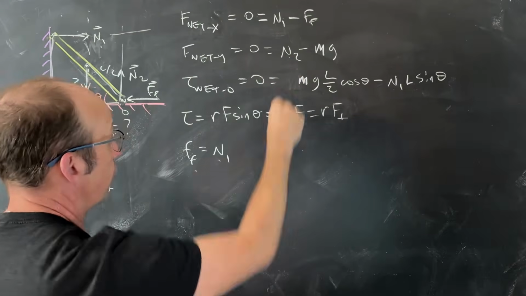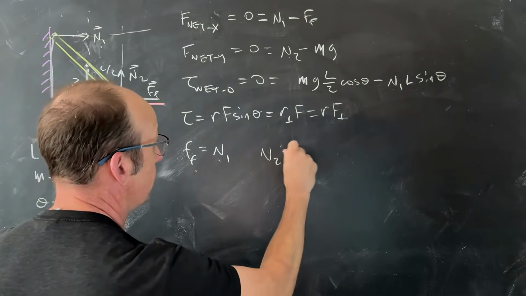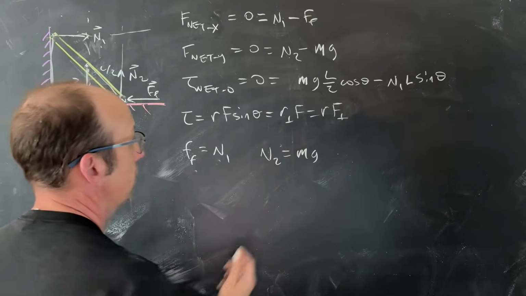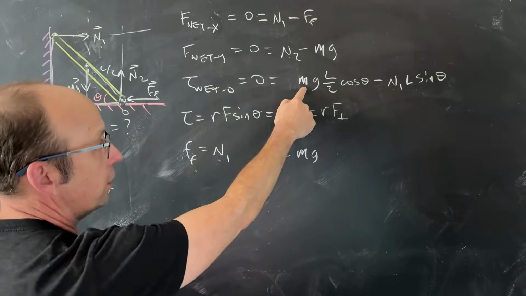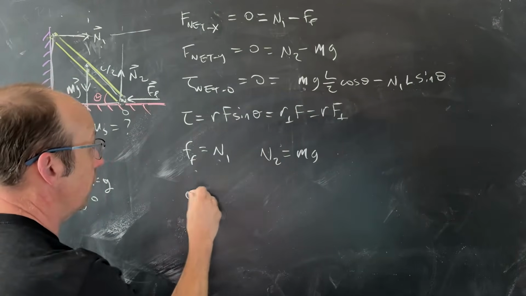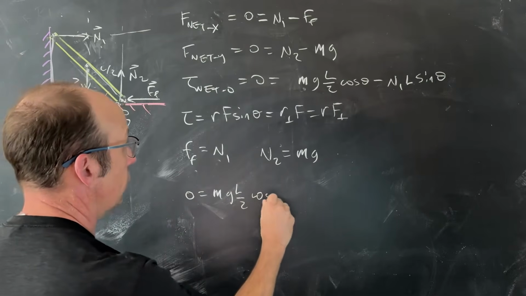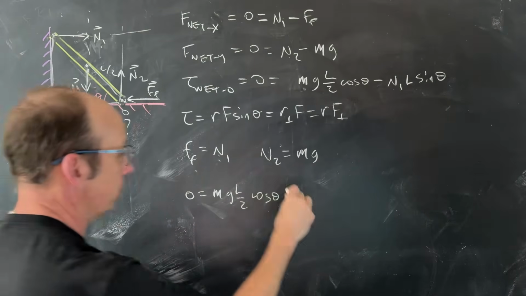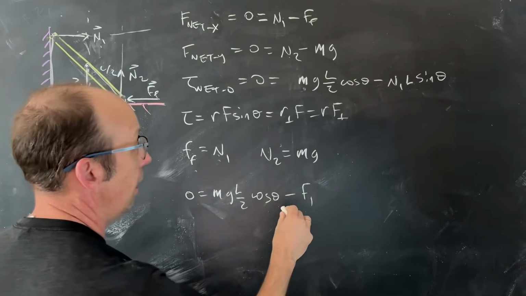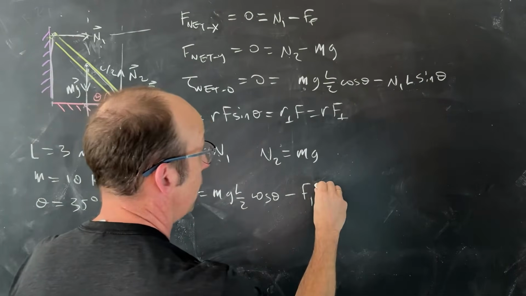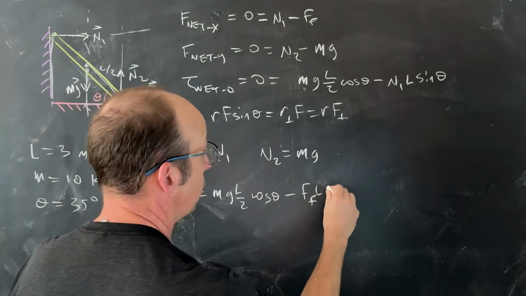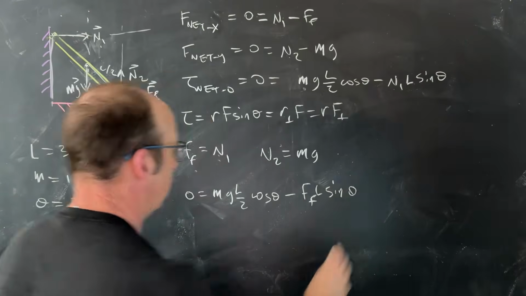So we can solve this for N2. N2 is equal to mg. And now let's rewrite this equation with everything we know. I know 0 is mg L over 2 cosine theta minus N1, which is going to be the frictional force, times L sine theta.